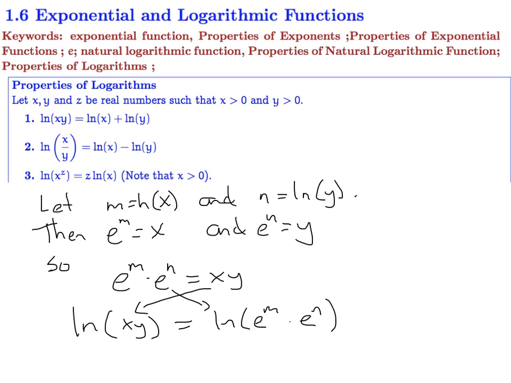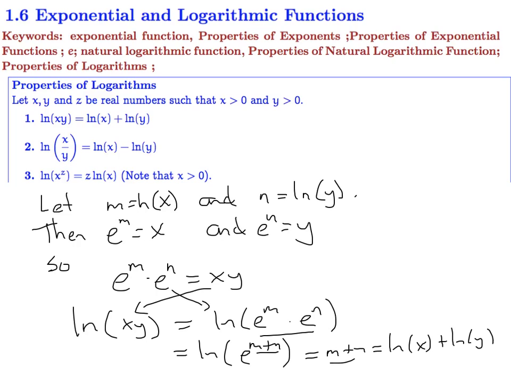One of the things we can do with exponents on this side is add them. So this is equal to the natural log of e to the m plus n. And we know this is an inverse function, so the natural log of e to something just ends up being that something, m plus n, which is equal to the natural log of x plus the natural log of y.